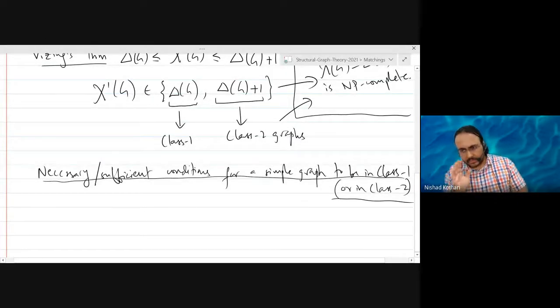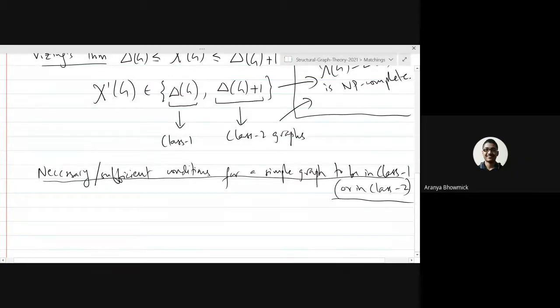We'll discuss mostly class 1. Class 2's necessary or sufficient conditions are a bit complicated, but you can look them up in Bondy and Murty and in other sources. Essentially, class 1 and class 2 graphs are a partition of all simple graphs.